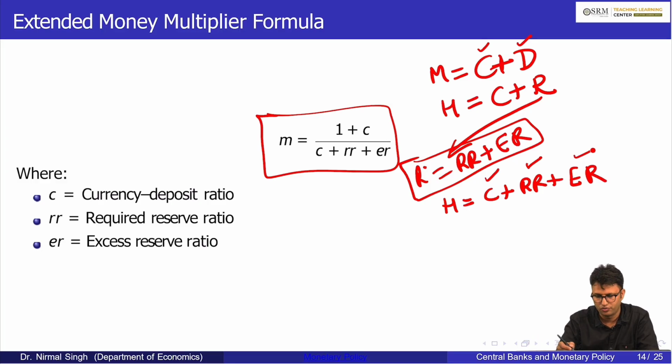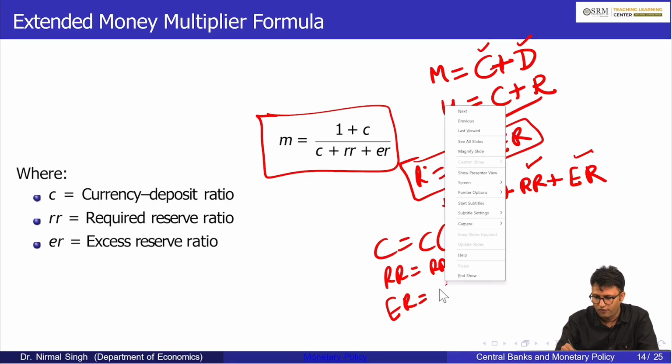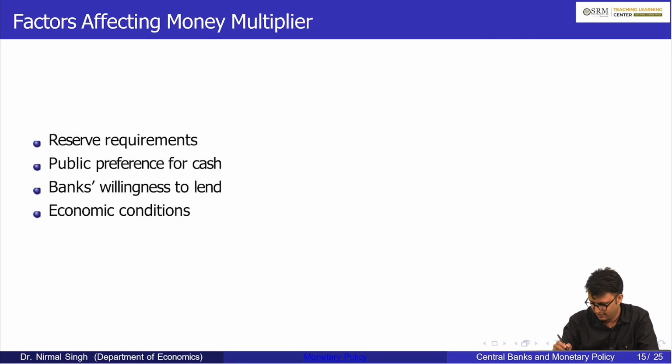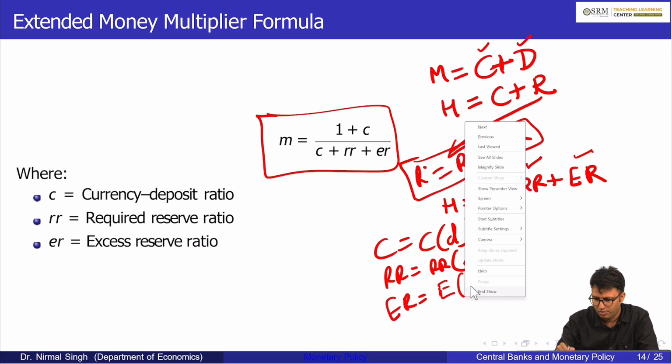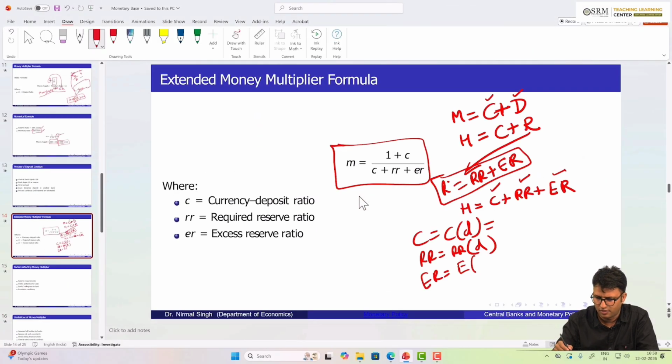So we can mention currency as a proportion of deposits, required reserves also as a proportion of deposits, and excess reserves also as a proportion of deposits.